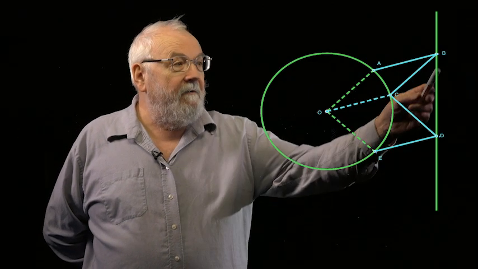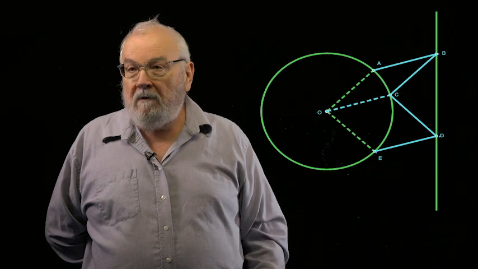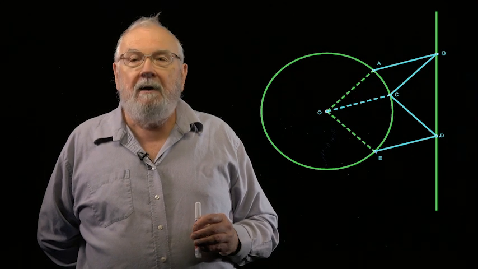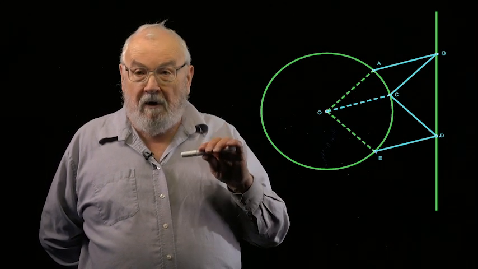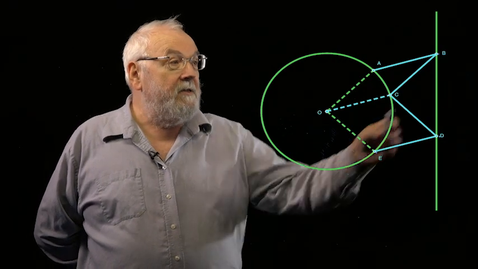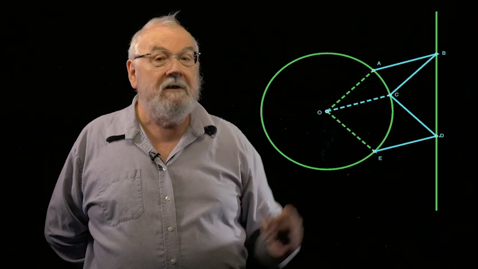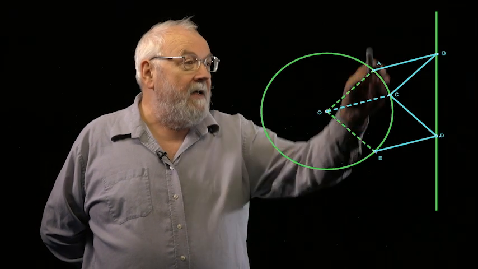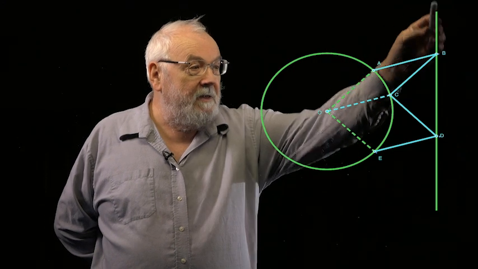We could consider the figure formed by those 4 points. Well, one of the ways of characterizing a parallelogram is that it is a figure with a pair of opposite sides which are parallel and of equal length, just like this. So this figure here is a parallelogram. The new fact we learned is that this line is parallel to this line.